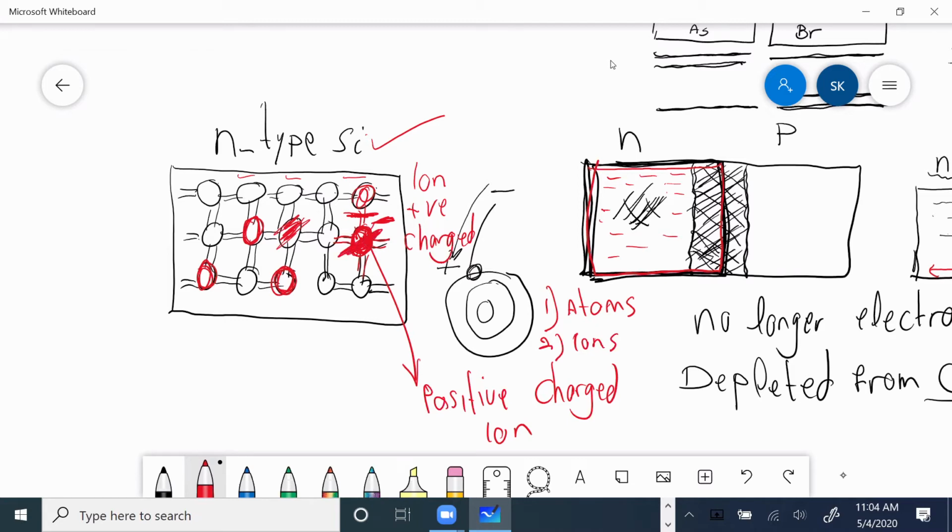And as well as all those, there were electrons. So the free electrons had mobility, but atoms and ions have no mobility. I'll bring the screen back if you want. But in that piece of silicon material, N-type, there were 3 things.